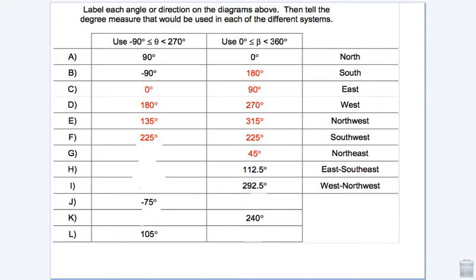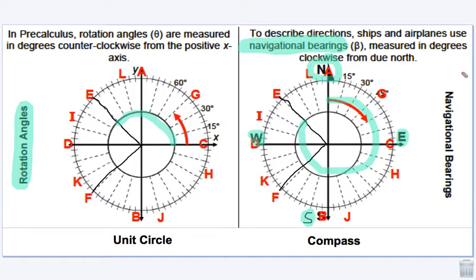So let's look at the southwest and northeast on our compass. Southwest, you start at north, 180 degrees, another 45 degrees, you get to 225 degrees.